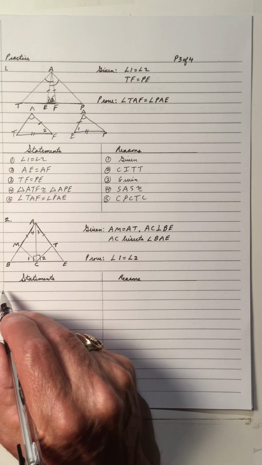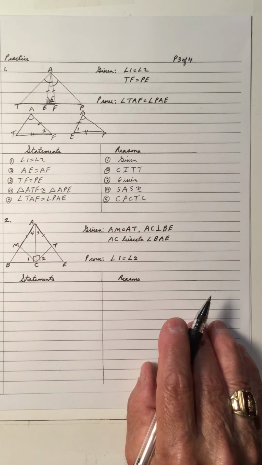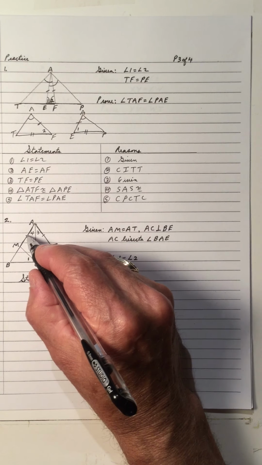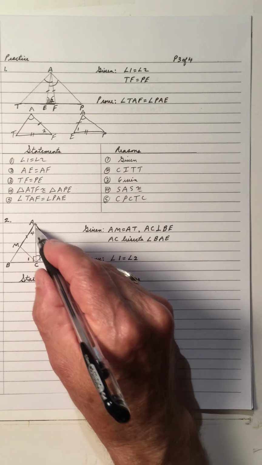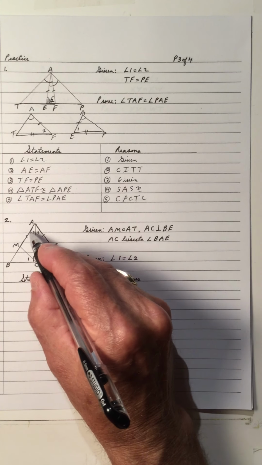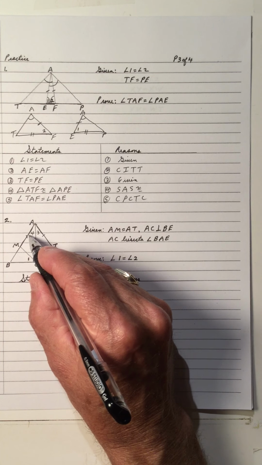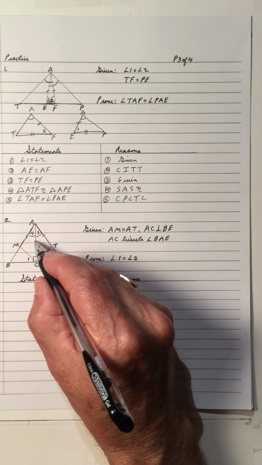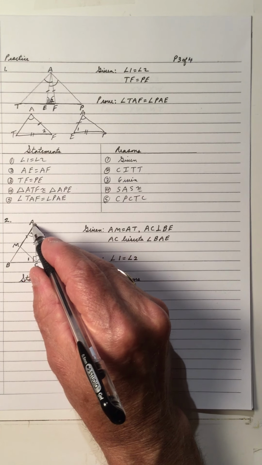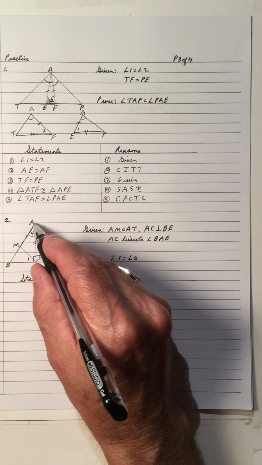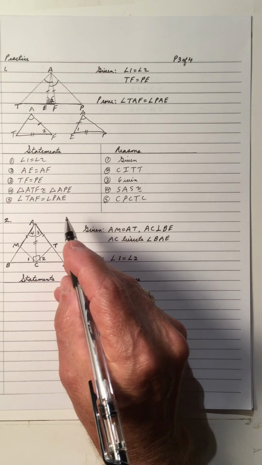So I have to somehow get a pair of congruent triangles. So it looks like I have to deal with AMC and ATC because these two are equal. These two angles are equal by bisector. AC equals AC, common side. So this triangle, ACM equals ACT by side angle side.